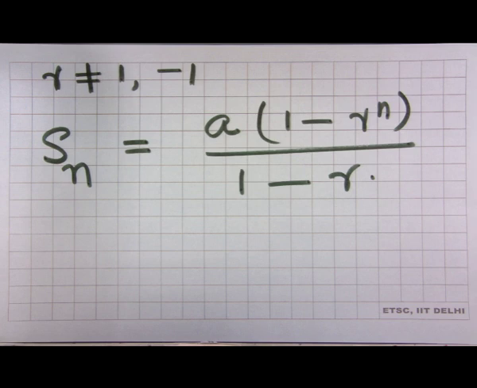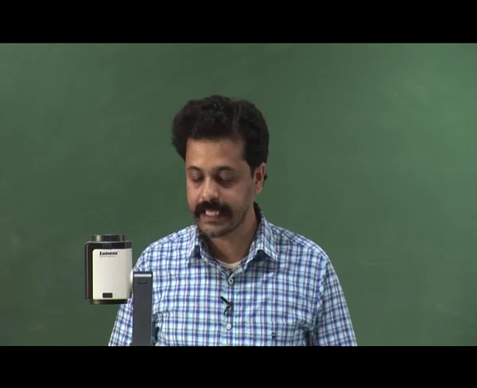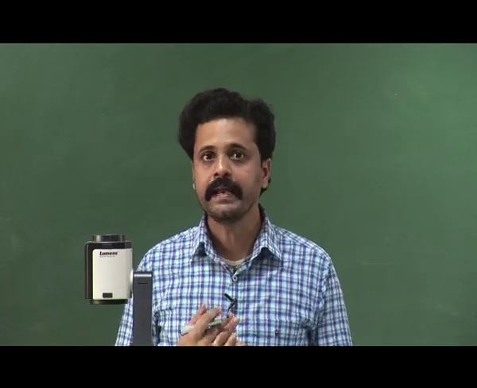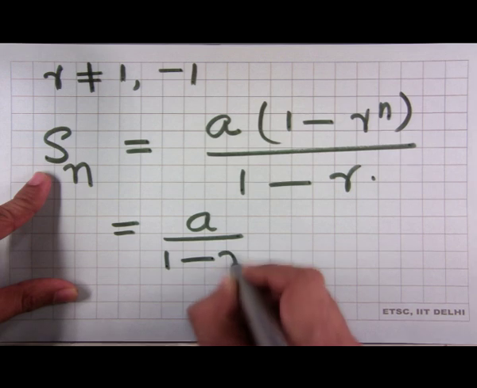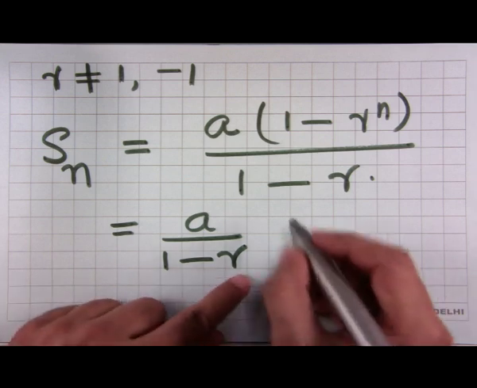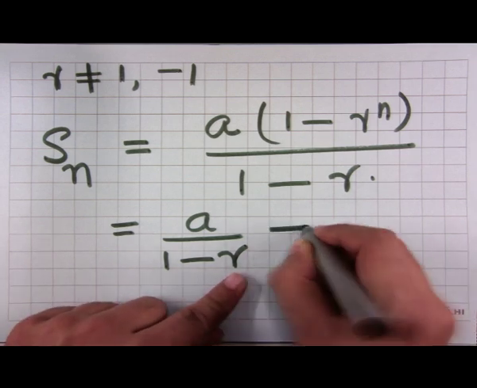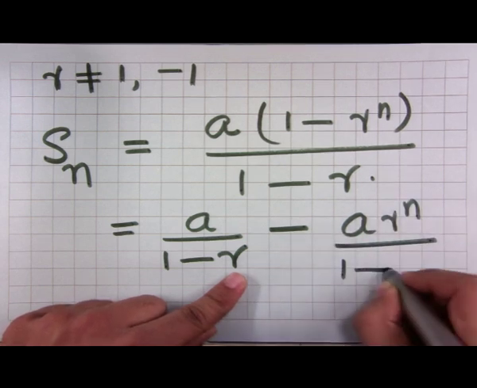What we have to observe is what happens to this Sn when n becomes larger and larger. Note that Sn can be written as a by 1 minus r minus a r power n by 1 minus r.